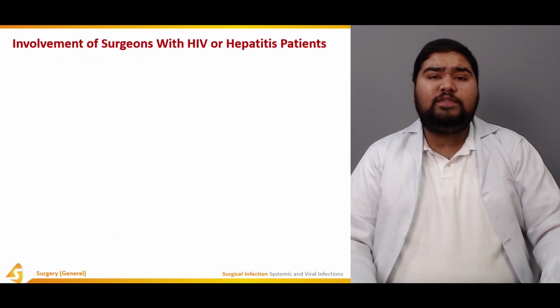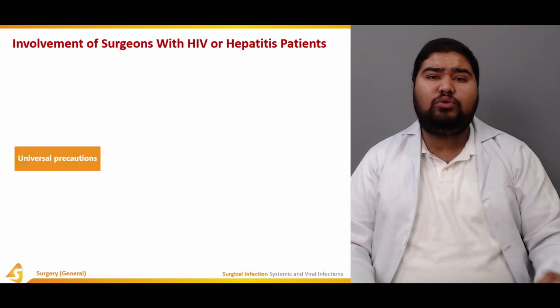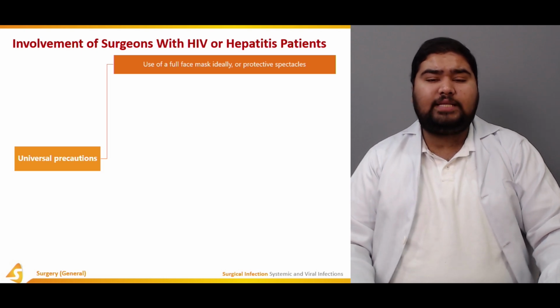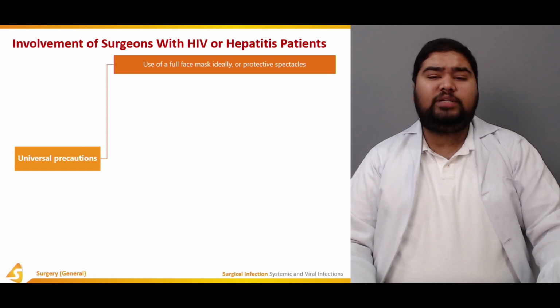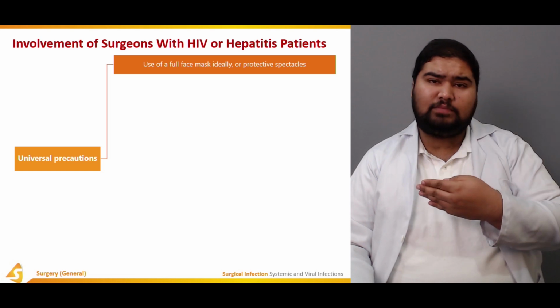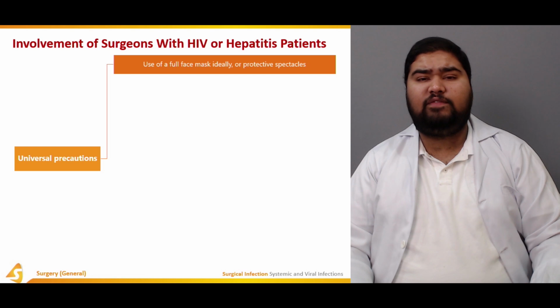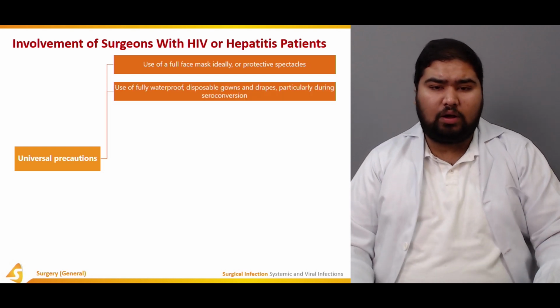Now, involvement of surgeons with HIV or hepatitis patients. These are the universal precautions. Use of full face masks, which ideally protect the surgeon, or protective spectacles should be there. Ideally, you should have a full face transparent mask which covers the entirety of the face, or at the very least, protective goggles.